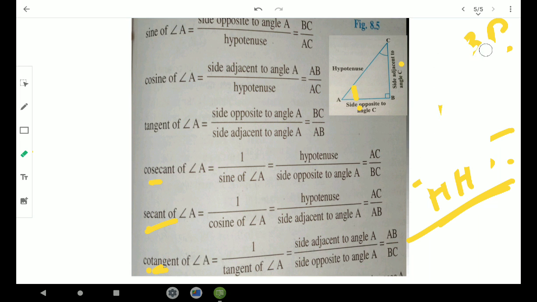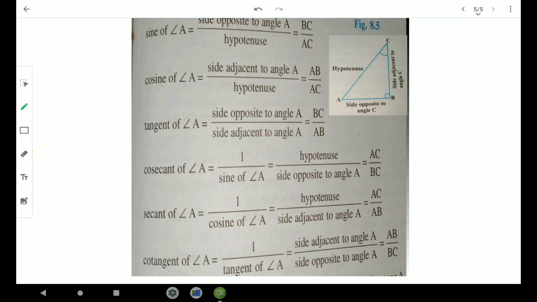What is the hypotenuse? AC, which is opposite to the 90 degree angle. This is the proper method to use. So sine of angle A is the side opposite to angle A upon hypotenuse, which means BC upon AC.